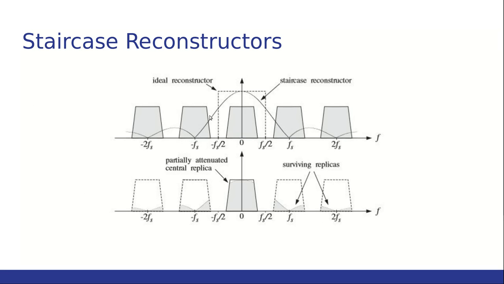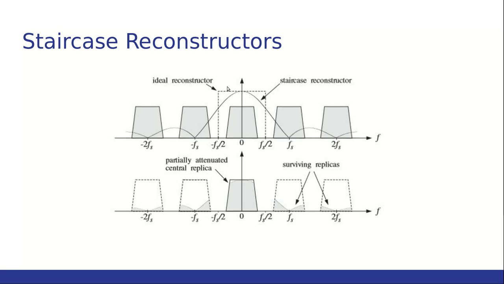We see this is a collection of curves which tend to become 0 at multiples of Fs. This is an ideal reconstructor which we have already seen. This is the frequency response of an ideal reconstructor.